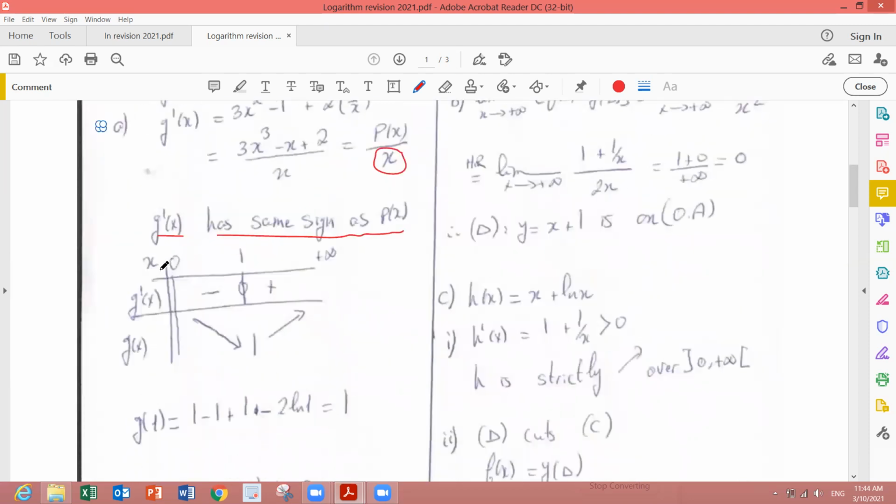So here, x, g prime x, g x, domain from 0 to plus infinity. For x greater than 1, p x is positive, and g prime x is positive. And here it is negative: decreasing, increasing. G of 1 is equal to 1.